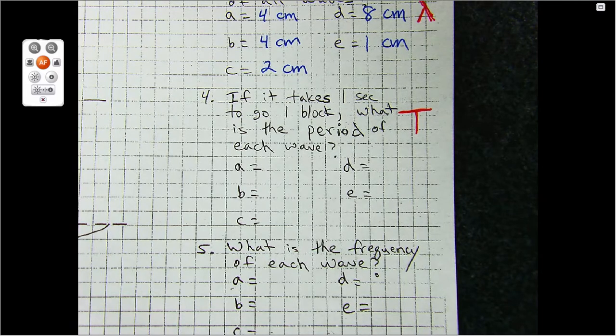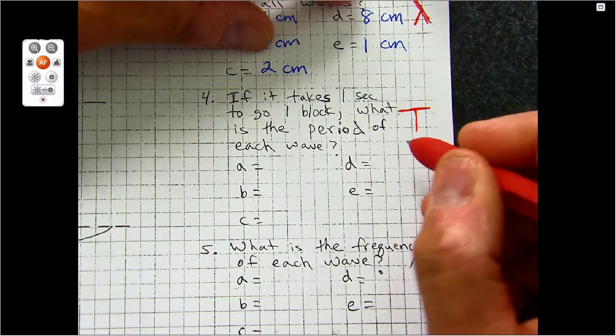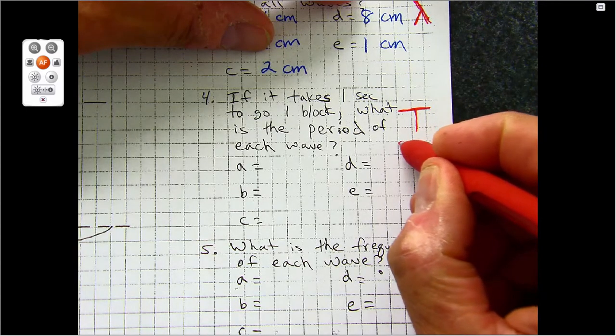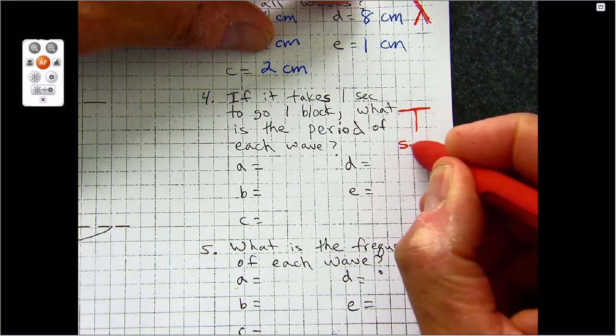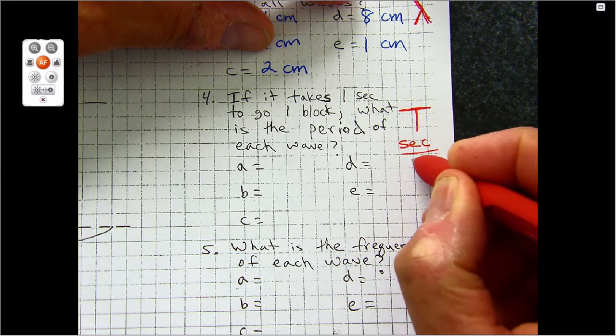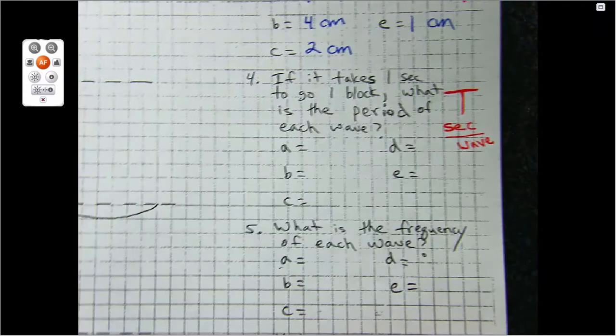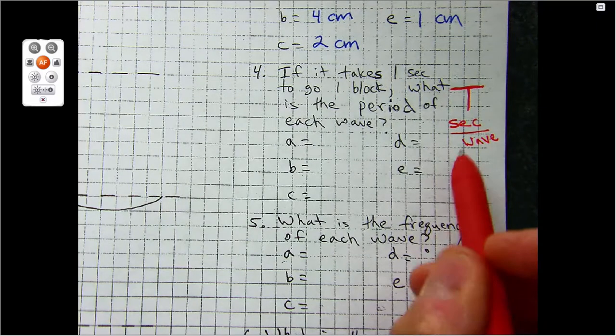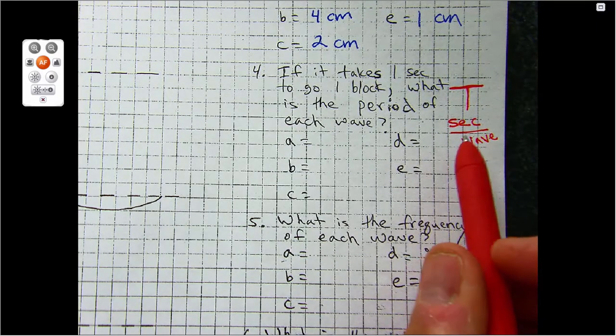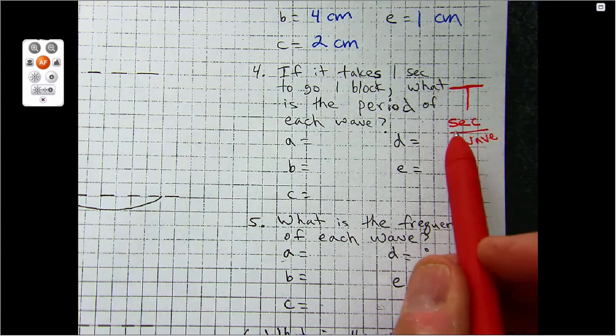Temperature. Time's going to be little t, but you'll know. Big T is the amount of seconds per wave. How many seconds per one wave? We don't put the 1 in. But the period is how many seconds for a wave?